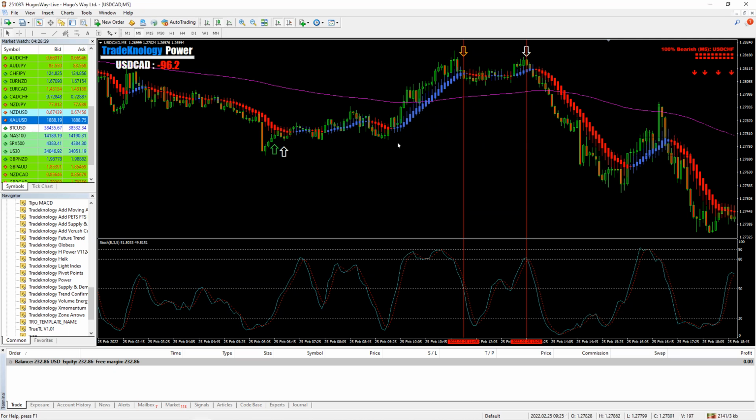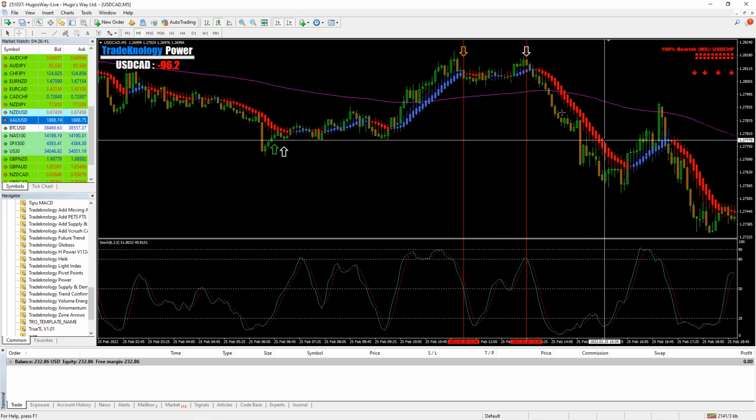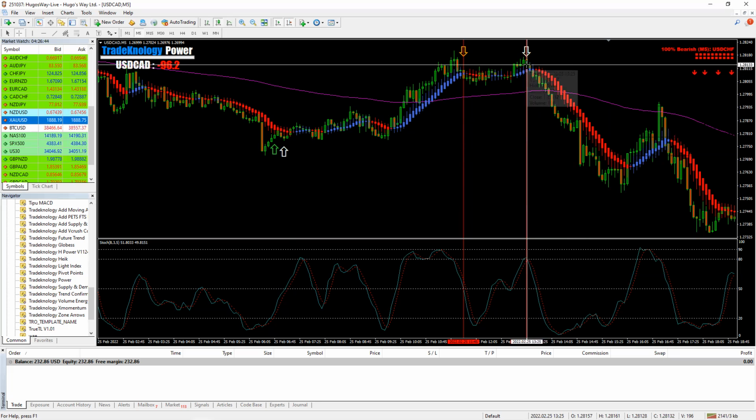So we see right there what the price is. We're going to make our entry right there, and we're going to write it for 100 pips.